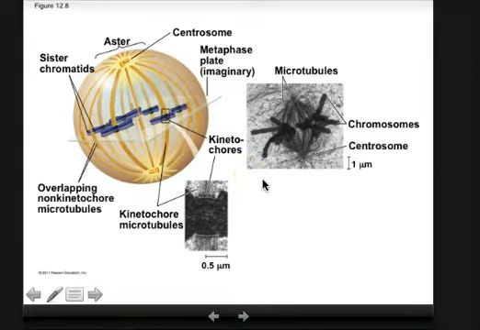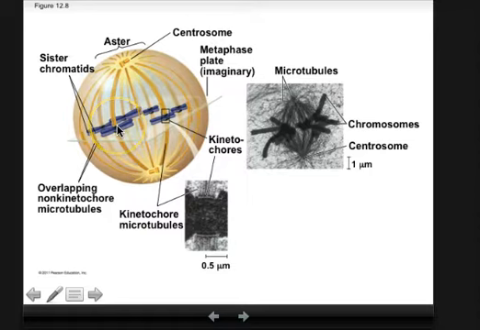Here we're looking a little bit closer to metaphase, but the kinetochores are right here near the centromere, so it's a little complex. And these microtubules are called kinetochore microtubules, attaching to the kinetochores. The reason they're emphasizing that the metaphase plate is imaginary is because there's no structure across the middle.